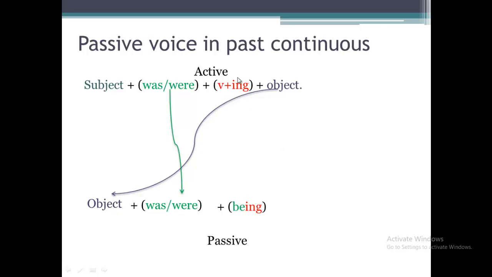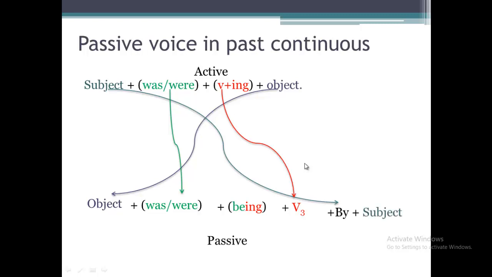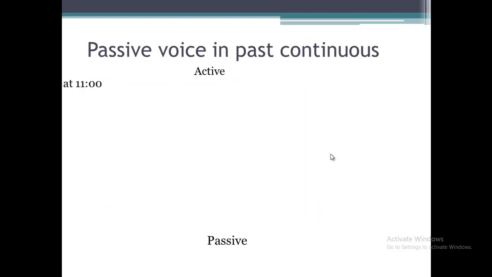Then the ing form, to show that it's continuous, would be added to verb to be: being. Okay, finally the action would be in past participle form or verb 3, and at the end, if I want to mention who the subject is, I would use it after by. Okay, now for the examples.